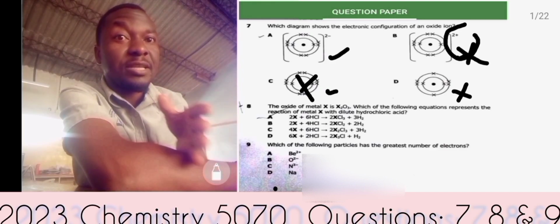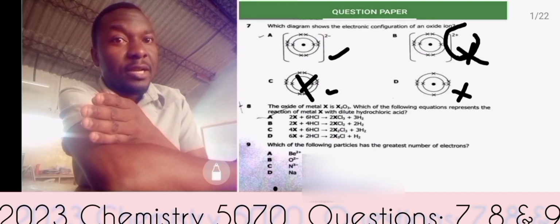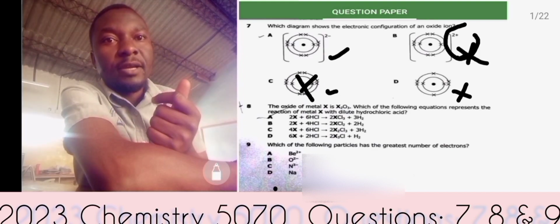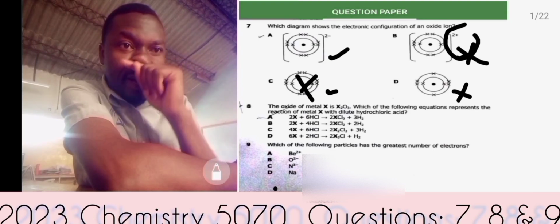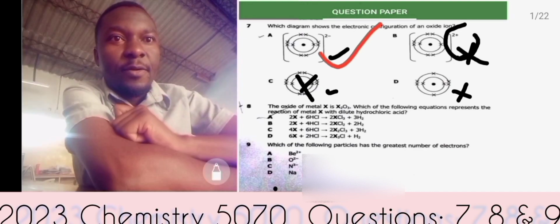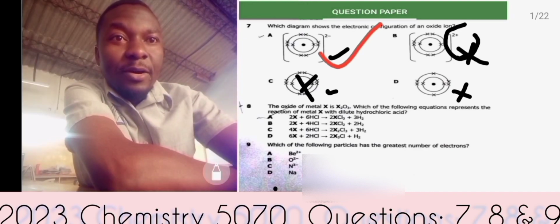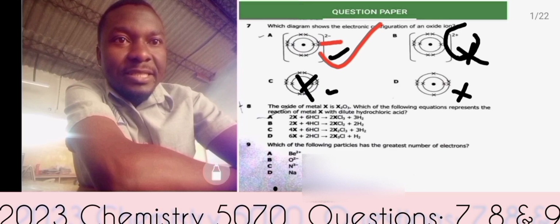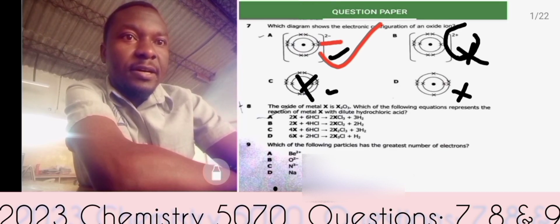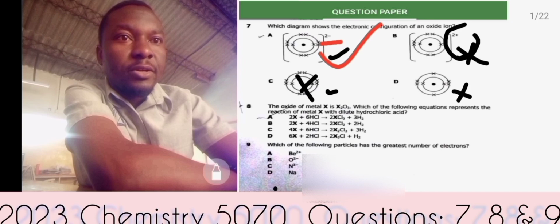When electrons are more than protons, that atom becomes negative, and the opposite is true. So our answer is actually A, because of that negative charge and this stability. A is the diagram that shows the electronic configuration of an oxide ion.